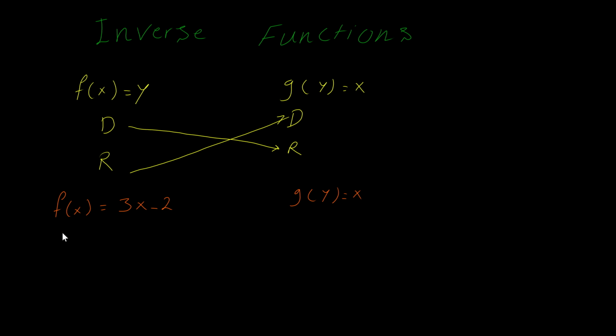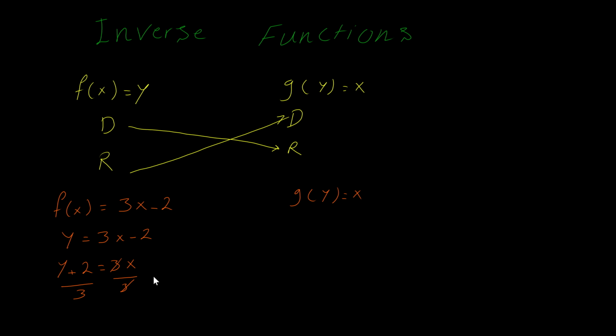So the first thing is we need to solve for x. So we have y is equal to 3x minus 2. We bring the negative 2 to the other side. It becomes positive. Then we divide both sides by 3.